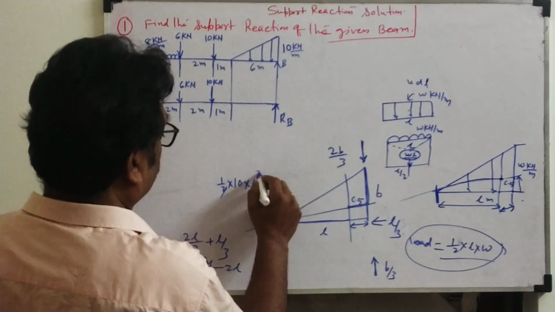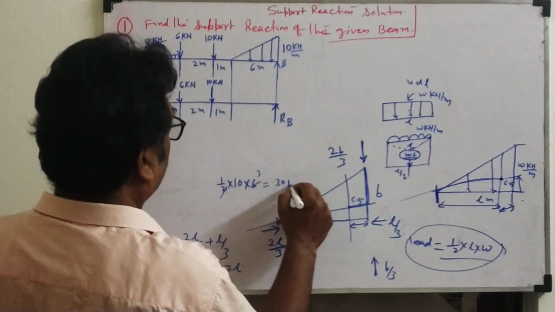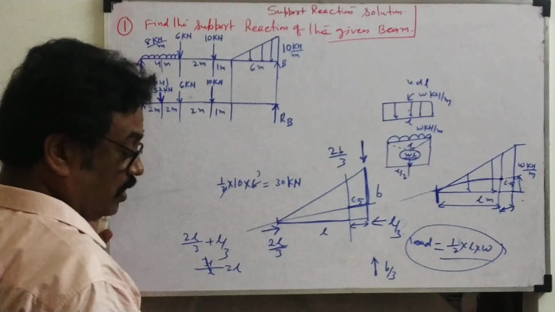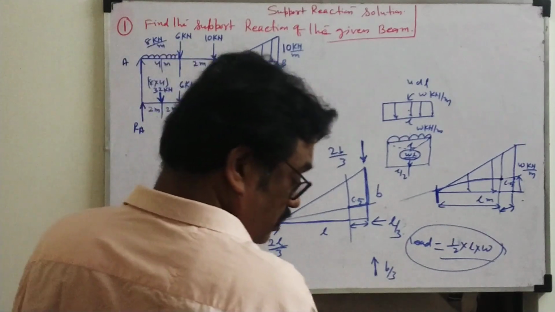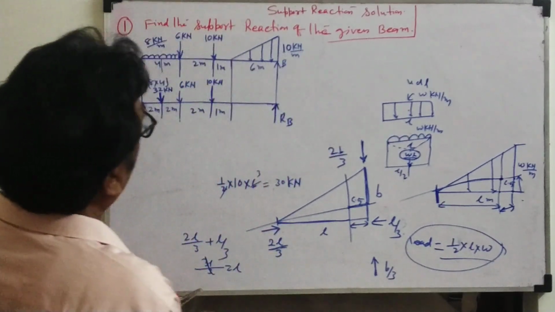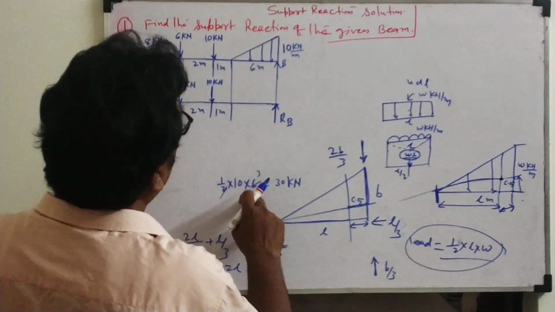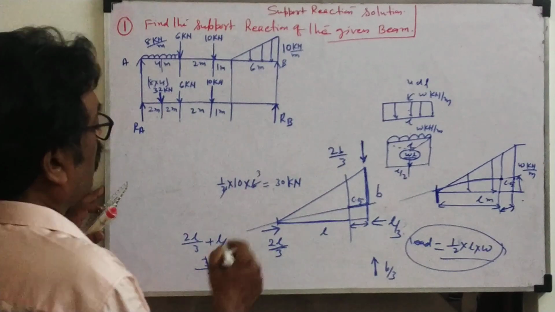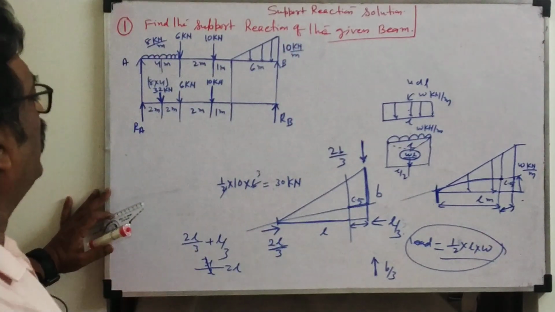This is 6 meter, no? How much will it come? 30 kilonewton. Now 30 kilonewton, where will it act?